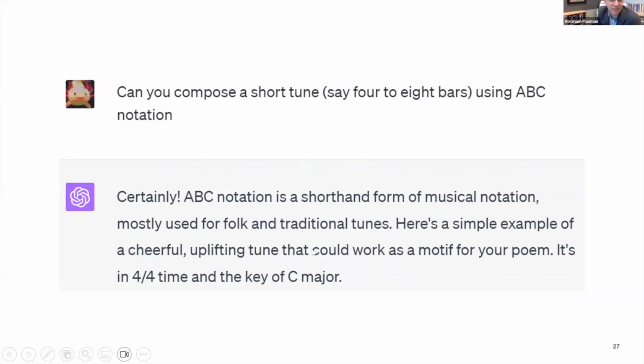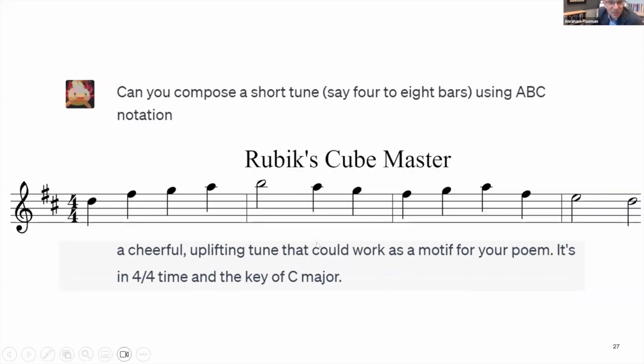But because I had just read this great paper about sparks of artificial general intelligence, where a Microsoft team put GPT-4 through the paces in all these different ways, I knew that there was something called ABC notation. And if you say, ChatGPT, this is how I want you to do it, yeah, happy to give you a little flute music to go along with the poem it's just composed for a Rubik's Cube master.